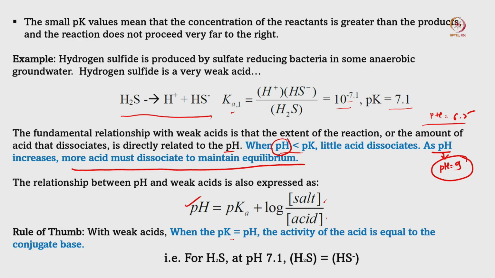For example, for H2S at pH 7.1, [H2S] is equal to [HS-]. That is an assumption you can start making: if the pH of the solution is 7.1, then these two concentrations are equal.